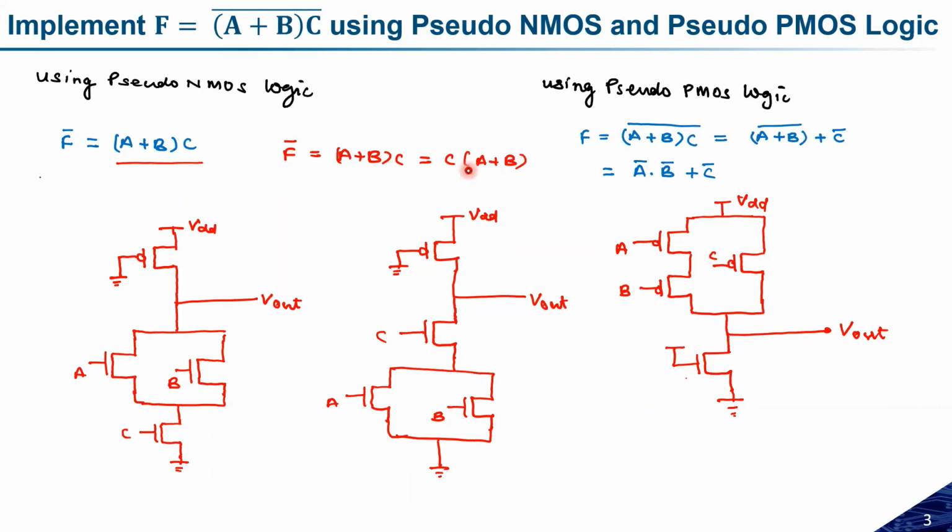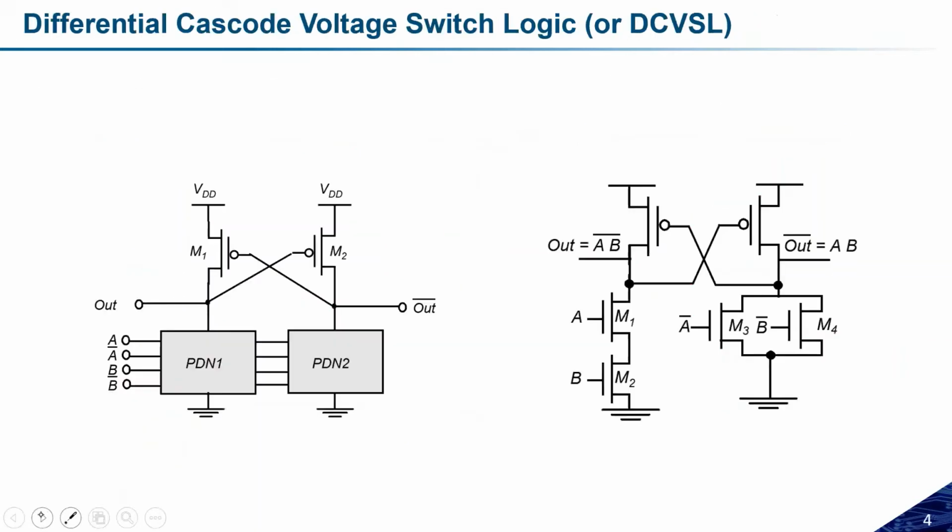But in reality, if we try to implement on the CMOS structure, definitely there is a difference between this expression and this expression. So this is important to understand. So this is all about how we can implement the function.